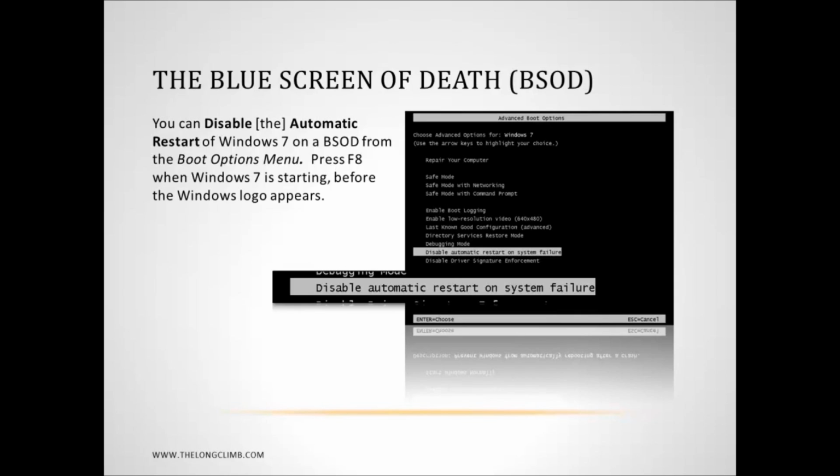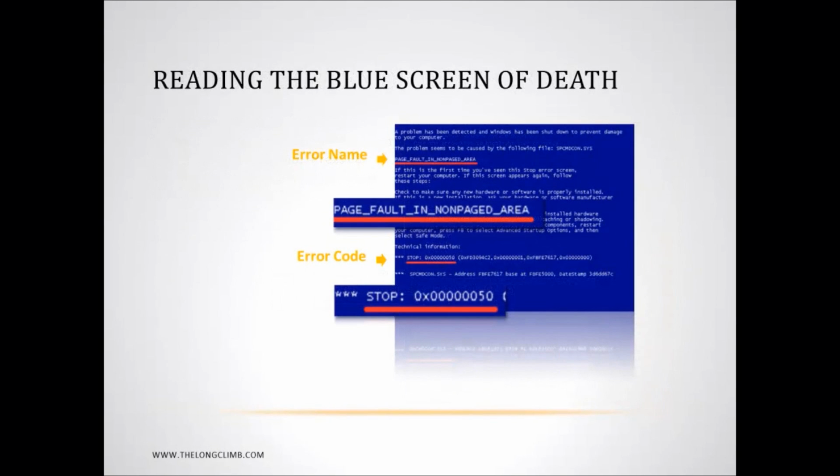So let's have a look at how we actually read the blue screen of death itself. There are two pieces of information that you need here, and they're both highlighted. The top one is the error name. The bottom one is the stop error code, and there's more information after this stop error code as well.